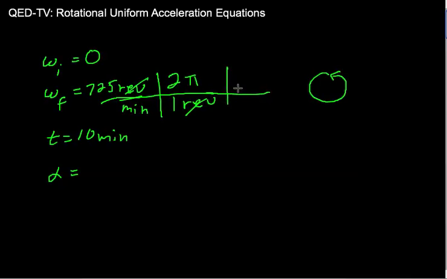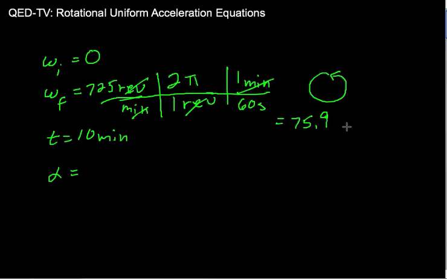But we have minutes on the bottom, and we need seconds on the bottom. So we put 1 minute on the top and 60 seconds on the bottom so that minutes cancel out. So I take 725 times 2 times pi divided by 60. And if you do that, you'll figure out your angular velocity is 75.9, or about 76 radians per second.